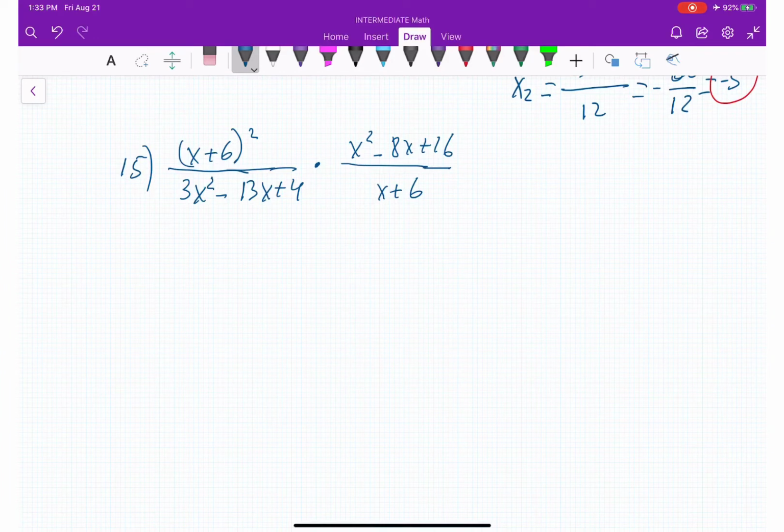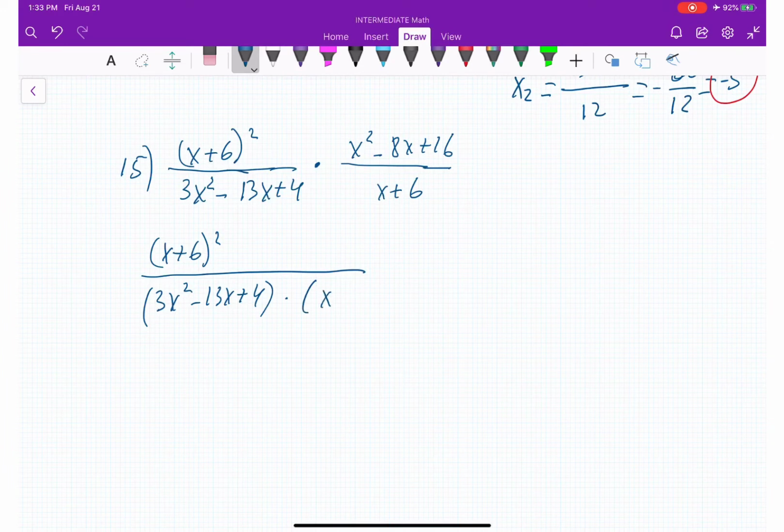First of all, because it's a multiplication, I can just attach these two fractions. What do I get? X plus 6 squared, 3x squared minus 13x plus 4, times x plus 6. And let's break down x squared minus 8x plus 16.